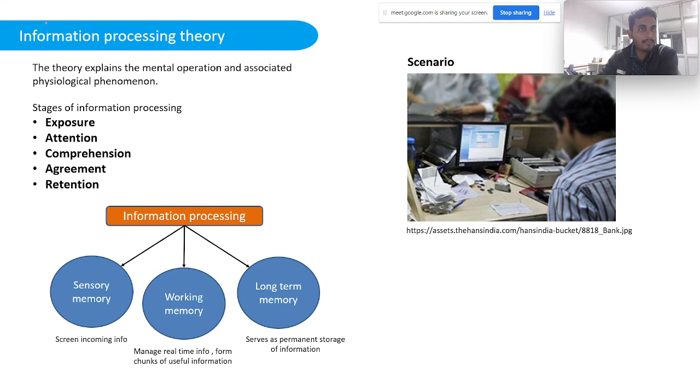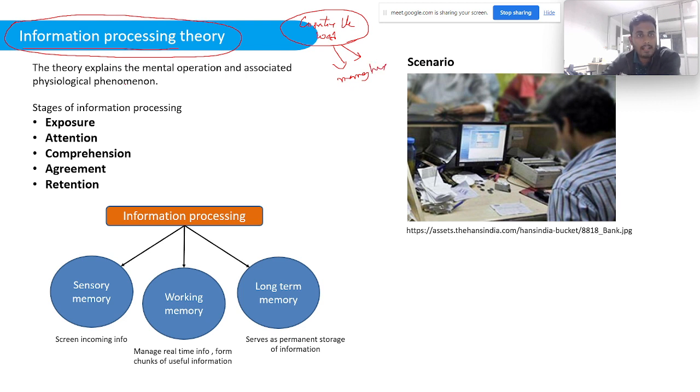So another similar concept that we have to consider is information processing theory. Like cognitive load theory, which is mainly based on the kind of memory you have, it considers the memory you have and the complexity of information or instructions.